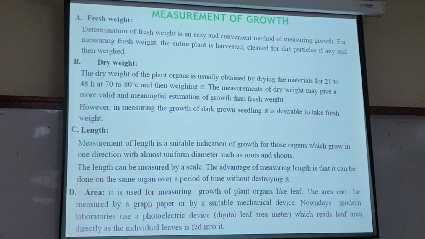And of course, if there is morning dew or any obvious water droplet, you need to dry the organs first, then you weigh. And then dry weight after you have dried it in an oven, because you want to remove the water, just pure biomass. And then you have the length. The length can be from a certain common point, or you can measure it progressively.